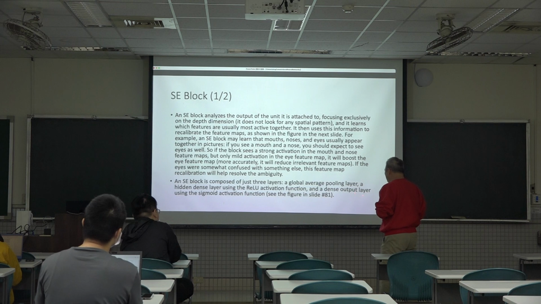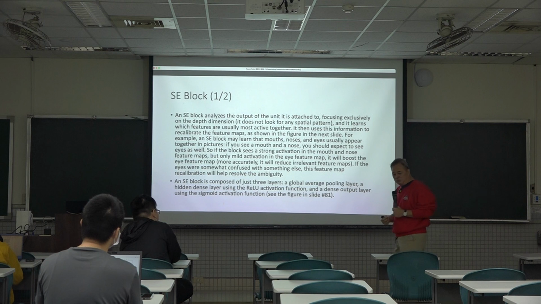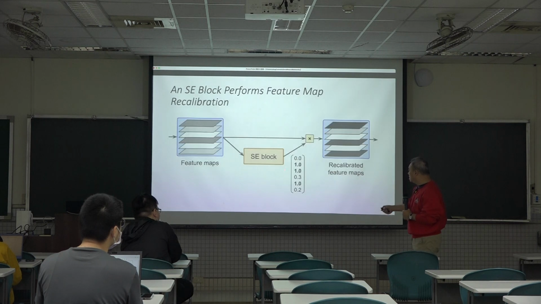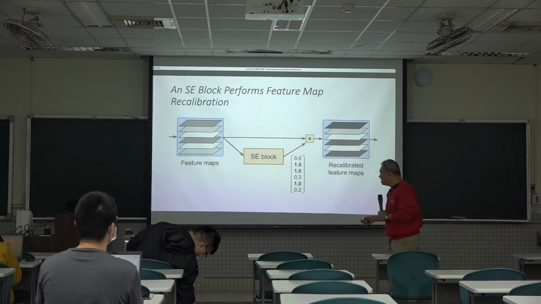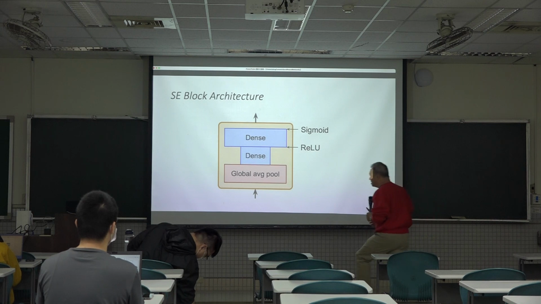And a dense output layer using the sigmoid activation function. Because it uses the sigmoid activation function, the result of this dense layer output is going to be between 0 and 1, numbers like this. But how are these two dense layers able to accomplish that?